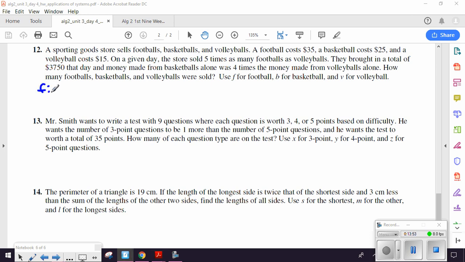So F is the number of footballs. B is the number of basketballs. And V is the number of volleyballs.